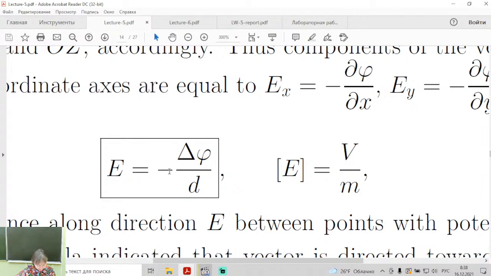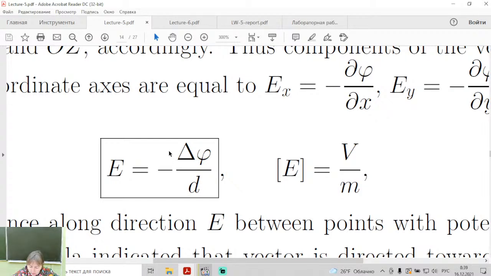The minus sign in the formula indicates that the vector is directed towards decrease of potential. The direction of the vector of the potential gradient coincides with the direction of the fastest increase of the potential.